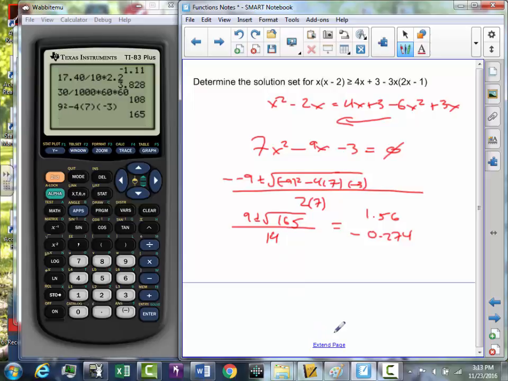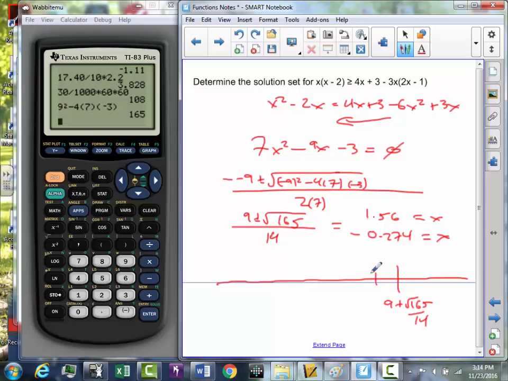Okay. The only reason why I'm going to suggest we go to these values here is that it'll give us an idea about whereabouts on the number line they fit. Because if I didn't actually find what these are as decimals, I'd have no idea what they mean. So now I have a rough idea. One of them is at about 1.56. I'm going to call that 9 plus root 165 over 14.